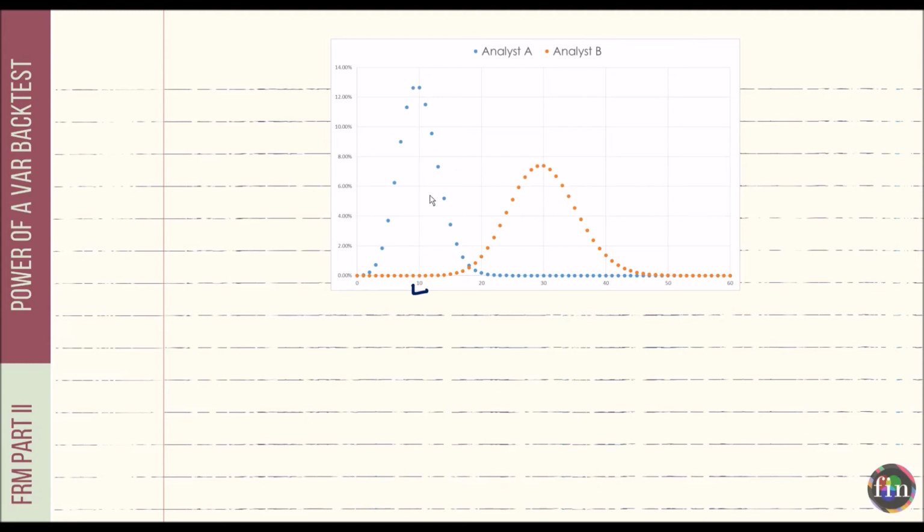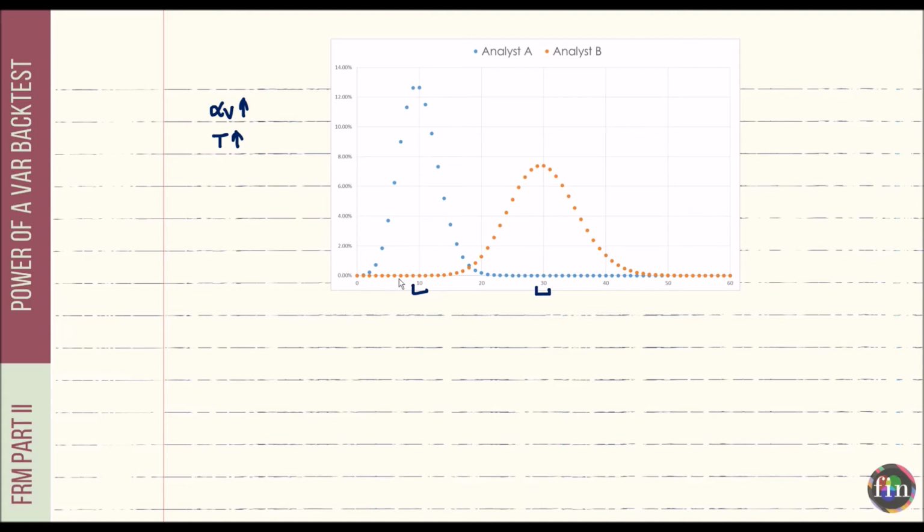That's what the blue graph is showing. And the orange plot is showing us the expected value for analyst B as 30. The other thing these plots are showing is that when we followed our rules of thumb, increasing alpha and increasing the length of the backtest window, we find one more thing as well, and that is that the dispersion of the distribution of X has increased. Okay, so this is about the two distributions.